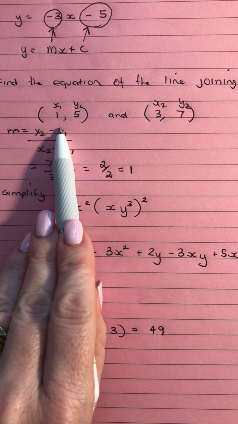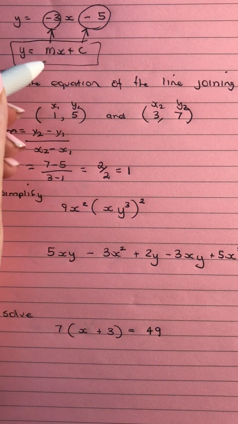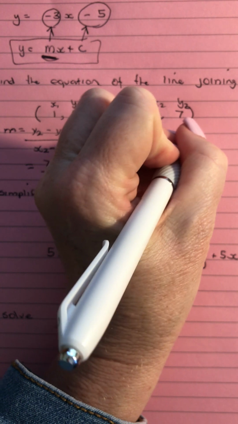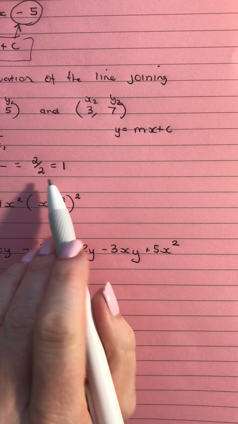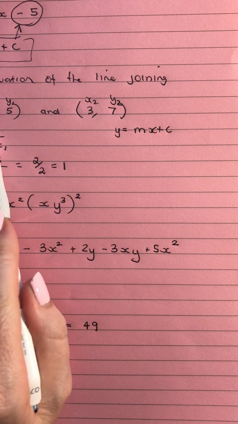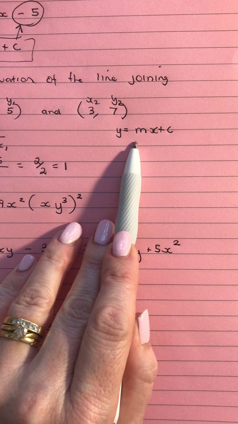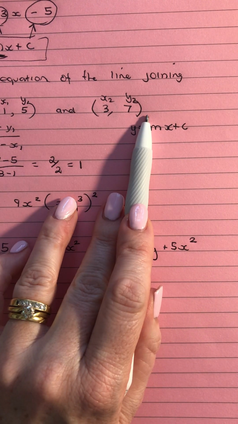And now we're going to solve for our c in our y equals mx plus c. So we've got the gradient and we're going to solve for c. I'm going to write my y equals mx plus c over here, and I've got a gradient of 1, and then I choose one of those coordinates to use for this part of the question. So I'm going to choose the 1, 5. I could have chosen the 3, 7, and both will work.